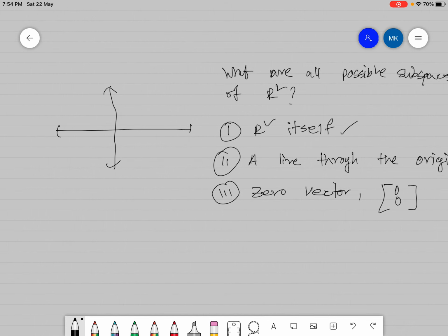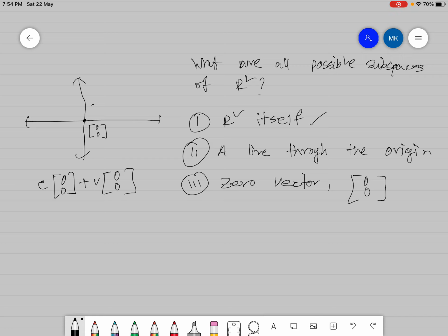Because if you only think about 0 0, then if you take any linear combination of this zero vector, that will stay inside that 0 0 vector, on the origin. So the zero vector itself fulfills the two conditions to be a vector subspace. Okay, so we can say that the zero vector itself is a vector subspace.